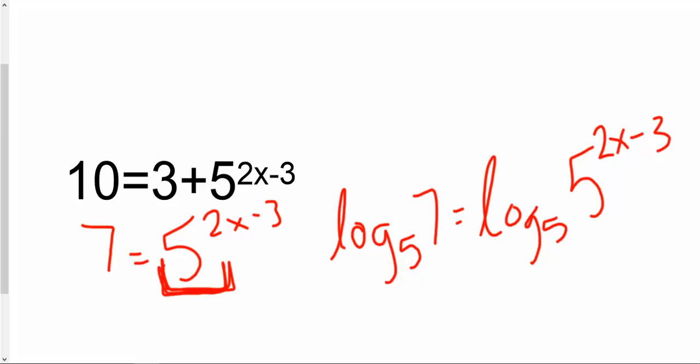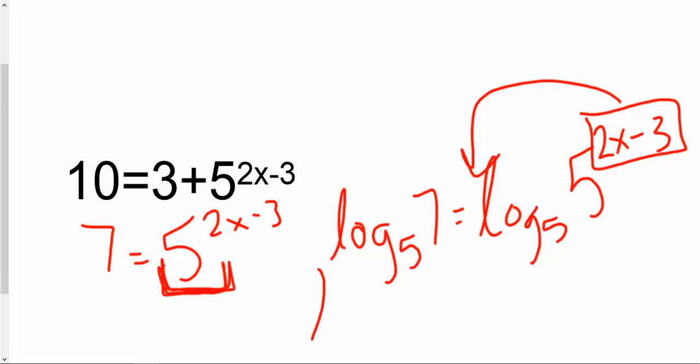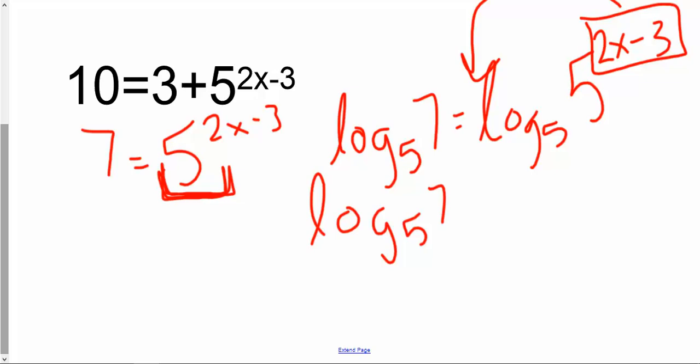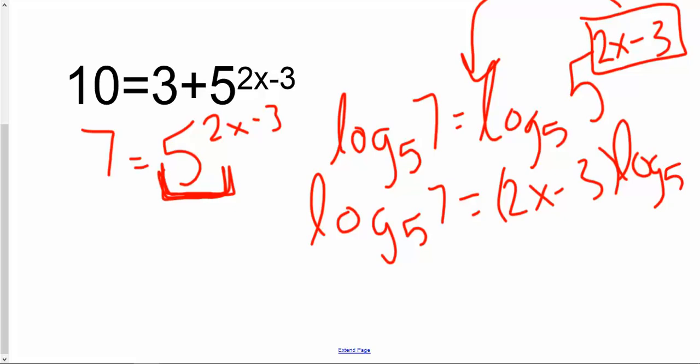And now what I can do is bring this whole exponent out front. So this is log base 5 of 7 equals 2x minus 3 times log base 5 of 5. Well, as stated, I think for the third time now, this will reduce down to 1.